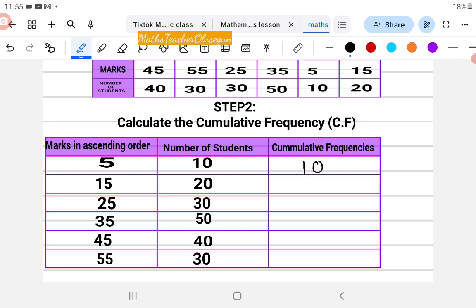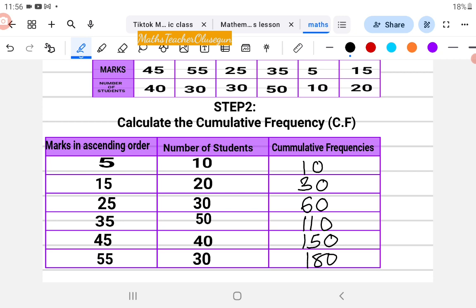The 20 we add to 10, we have 30. 30 we add to 30, we have 60. 50 we add to 60, we have 110. 40 we add to 110, we have 150. 30 we add to 150, we have 180. So this is step 2, how to calculate cumulative frequency.